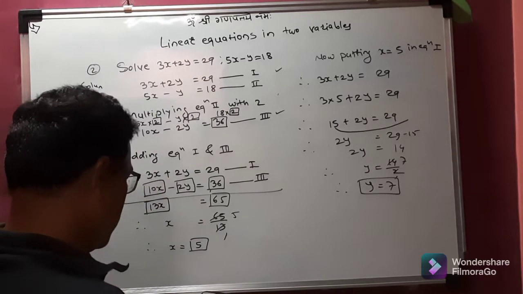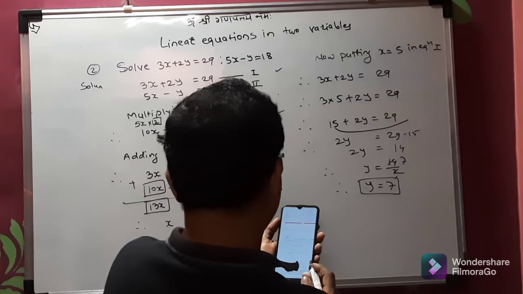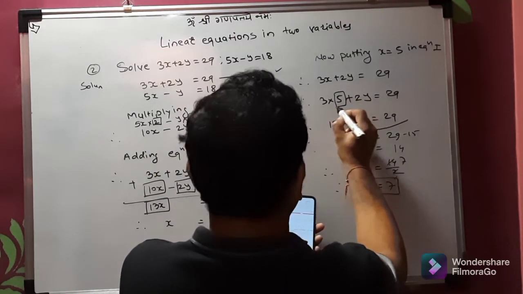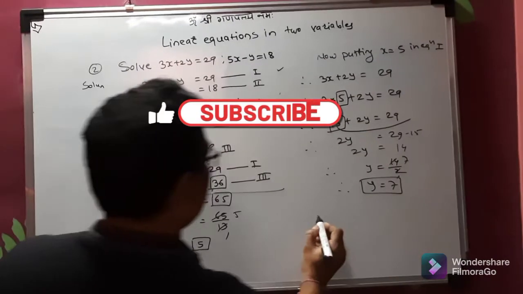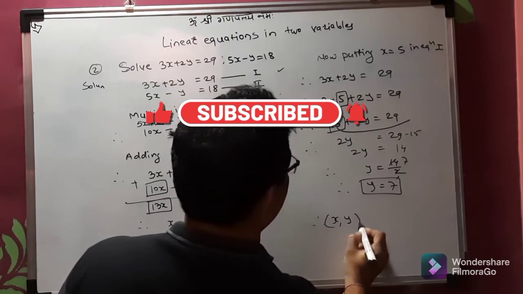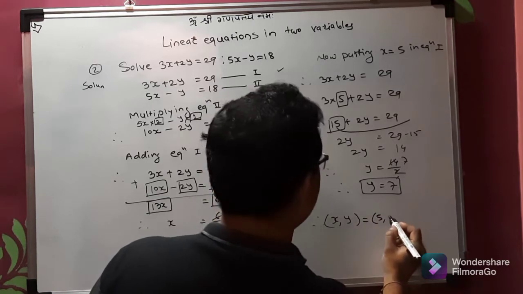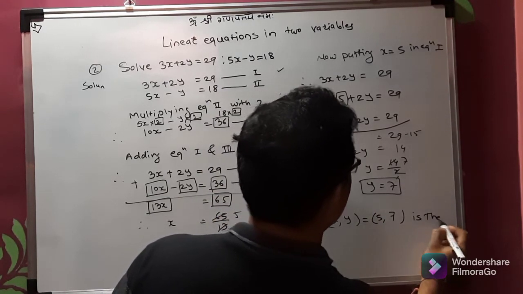Okay, this is the answer. So what they have written, 3 into x, we have to put this y. So the answer is x is 5 and y is 7, is the solution.